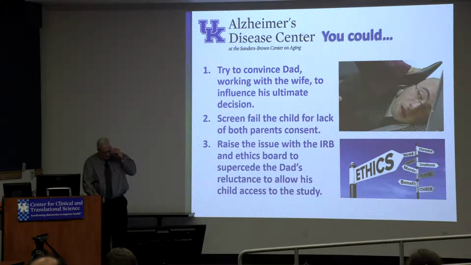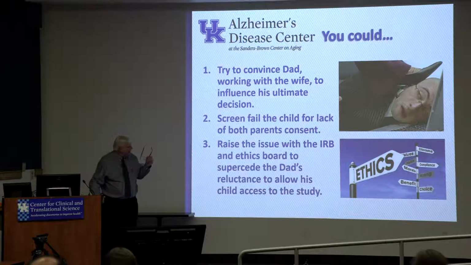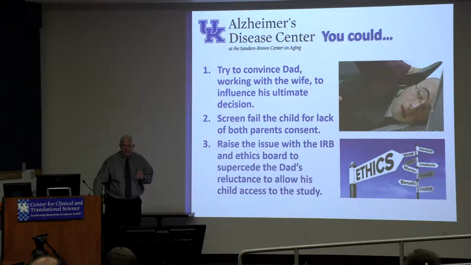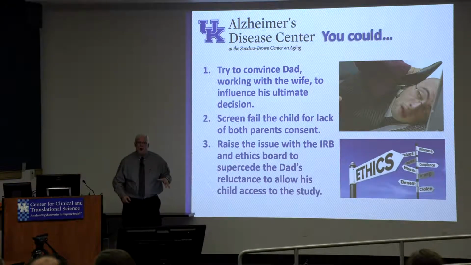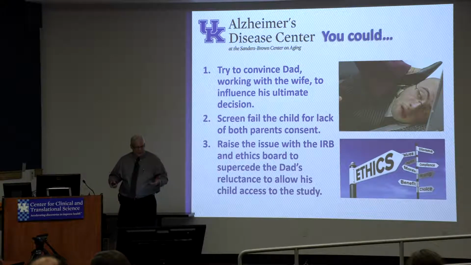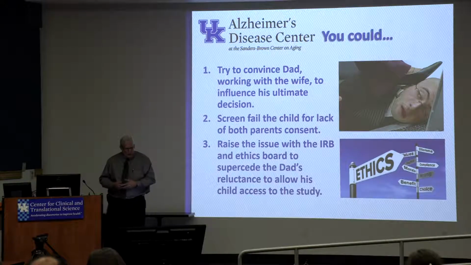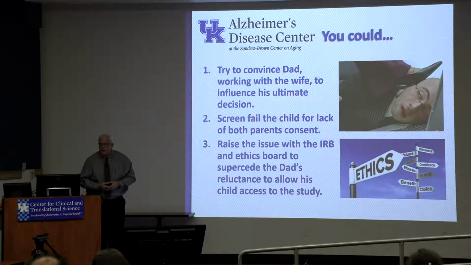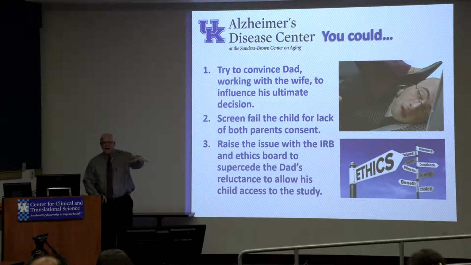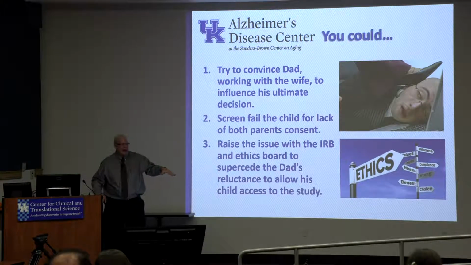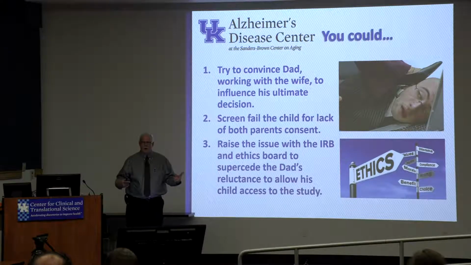So there's a few things that one could do. You could step on his head with those shoes, I guess, and see if he'll change his mind. So we wouldn't do that, but one could try to convince dad, to educate him, to work with the wife, to hopefully, ultimately influence his decision. Now, on the one hand, that's part of the consent process. We need to educate him because obviously he does not have an understanding of what research is.